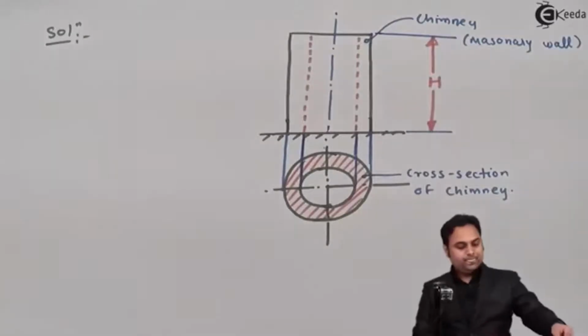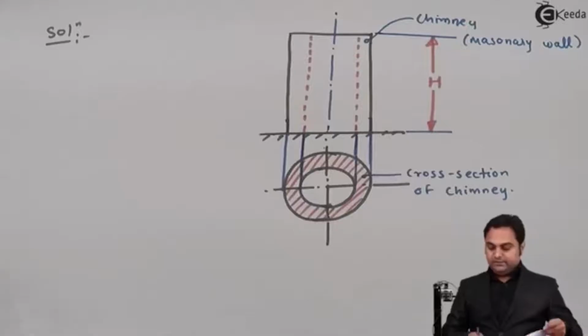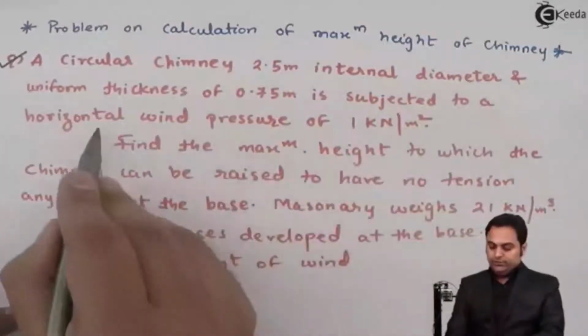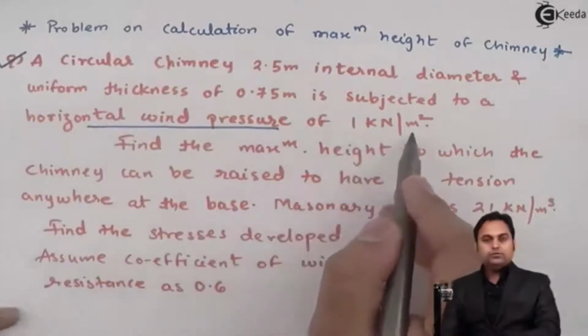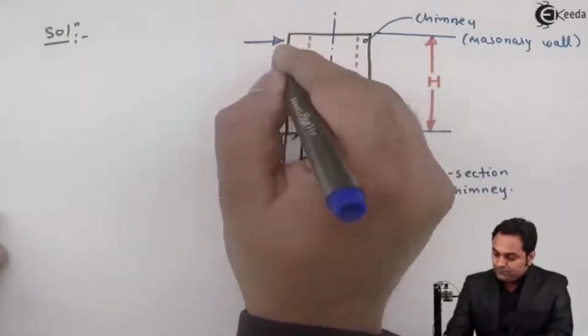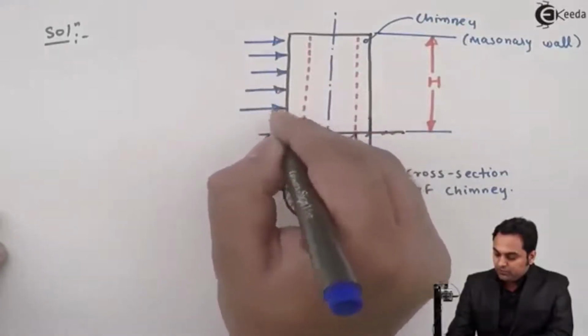Now here in the problem it is mentioned that it is subjected to a horizontal wind pressure of 1 kilonewton per meter square. So I'll assume that the wind pressure is acting on one side of the masonry wall.